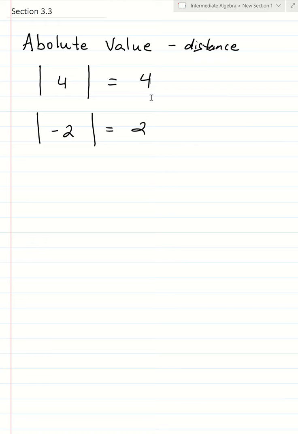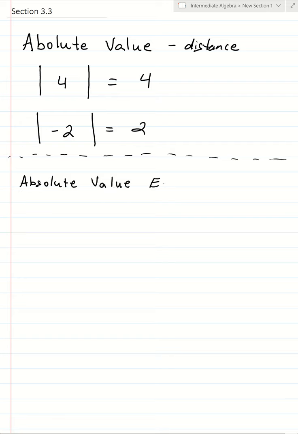Okay? Now let's see how we're going to integrate the absolute value when it comes to equations. You have learned how to solve so far some different types of equations, linear equations and literal equations, things like that. Now let's take a look at absolute value equations and how we're going to solve them.